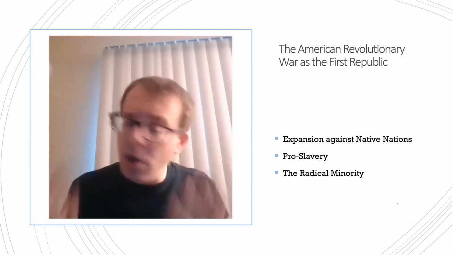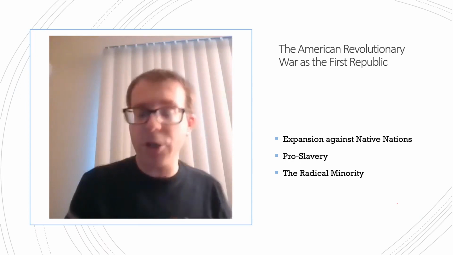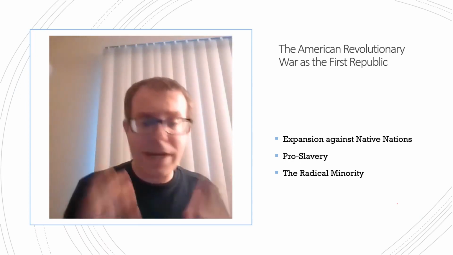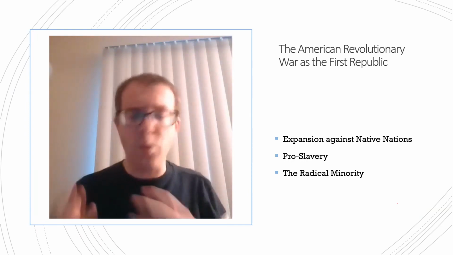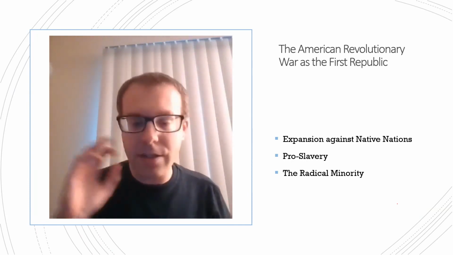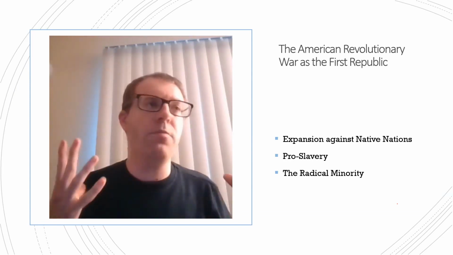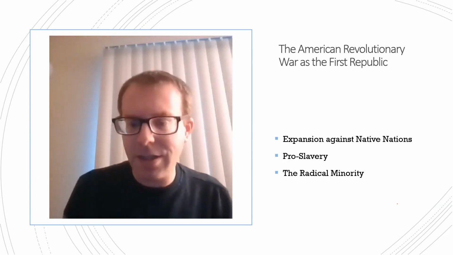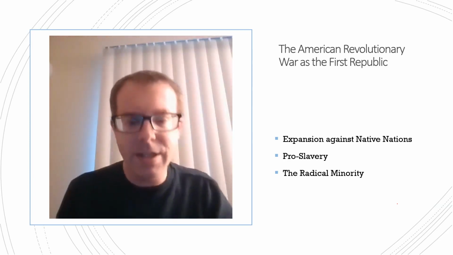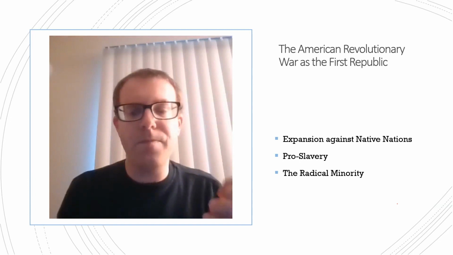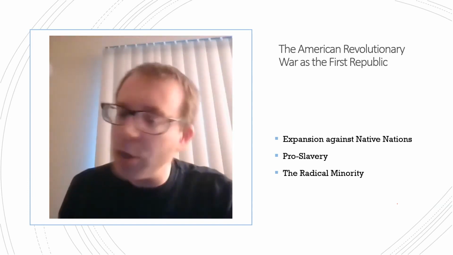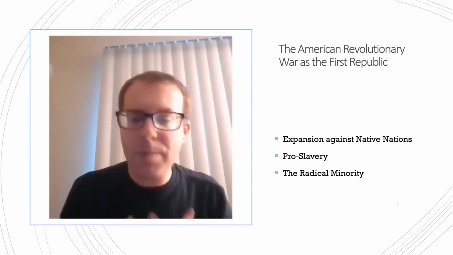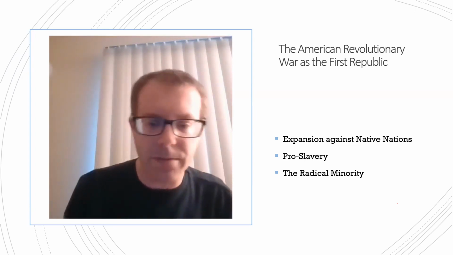The new nation was also a lot more pro-slavery than the British Empire was. And so you saw enslaved peoples throughout the modern American South join the British in trying to stop the American Revolution, because enslaved peoples realized that American colonists were in fact more pro-slavery than the British Empire was, and that within the British Empire, enslaved peoples might actually be able to gain their freedom much quicker.